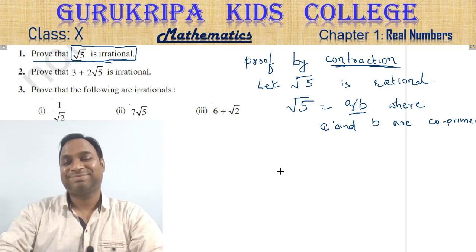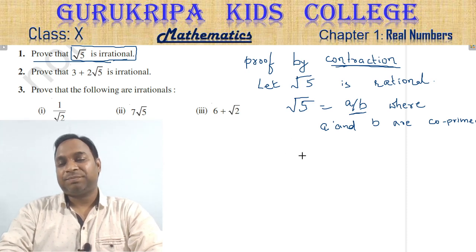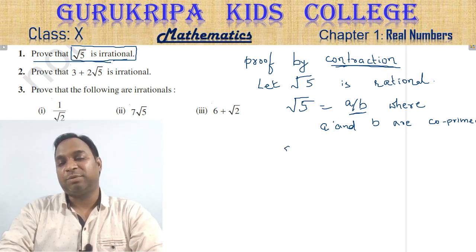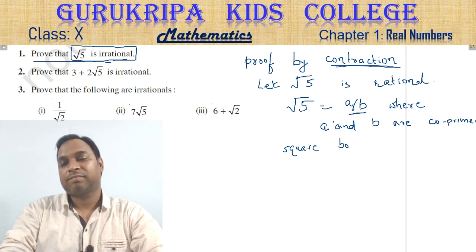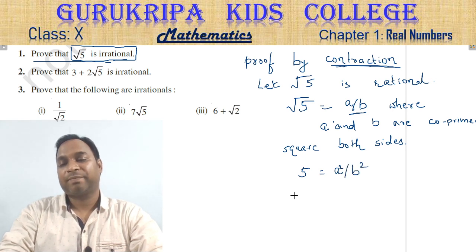Try to recall. We squared both sides. Squaring both sides gives us 5 is equal to A square divided by B square.